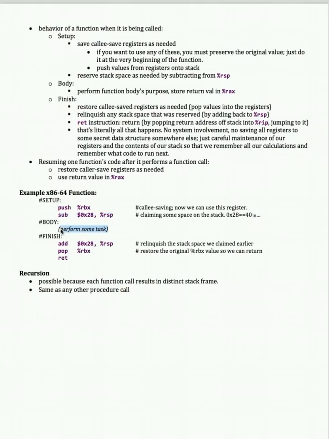In the body, we perform what the function is supposed to do. And after we perform everything and store the return value in our RAX register, we finish up by adding 40 bytes back into RSP, and then popping the callee saved register and restoring our RBX, and then returning.